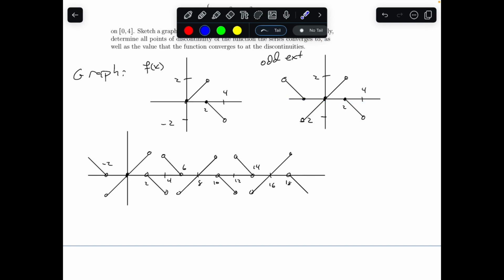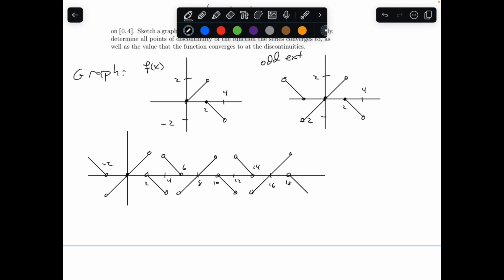The length of our interval is 4. But the period of this function is not going to be 4. The period of this function is 8 because we're going from -4 to +4, right? So we're taking this interval and doubling the length of that. So now that length is 8, and so the period will be 8.